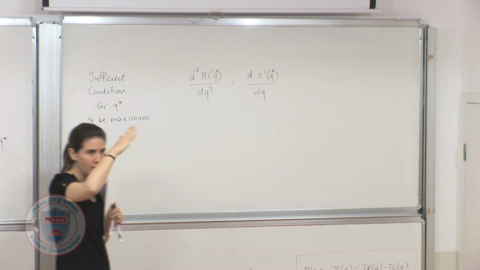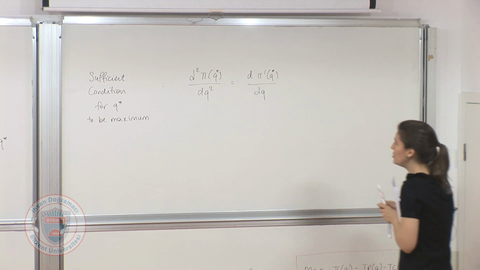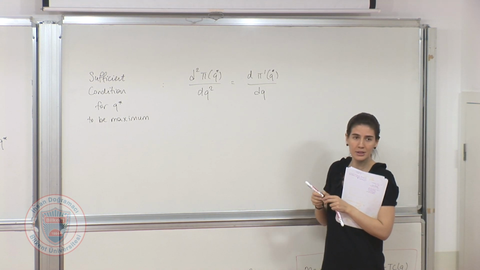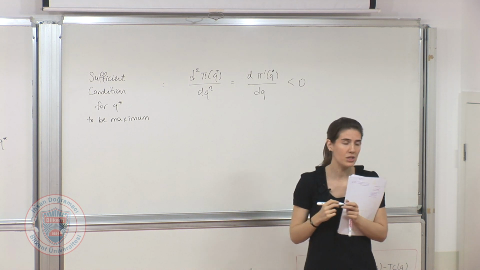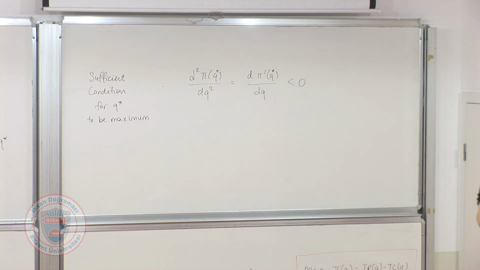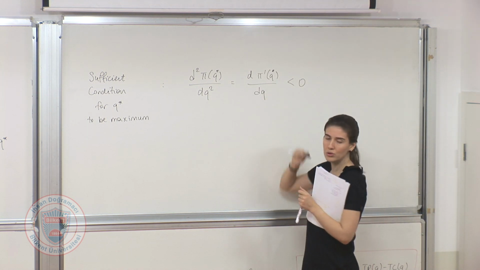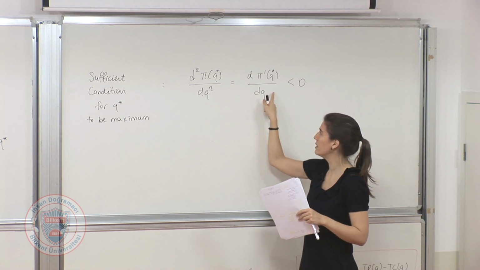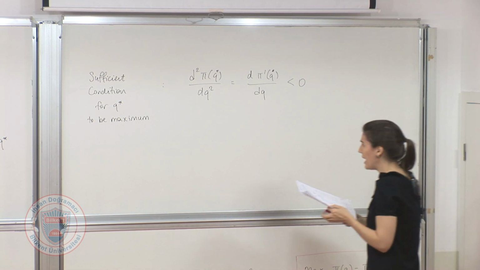Then what do we say? Less than 0. The condition for concavity is that at that optimal point you plug it in, and the second derivative should be negative. So this is basically the case.